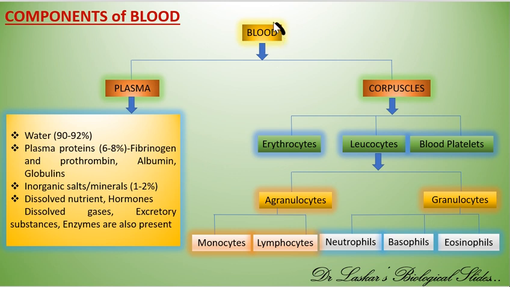Blood is a fluid connective tissue. It is red in color and salty in taste, and it is slightly alkaline with a pH of 7.3 to 7.5.